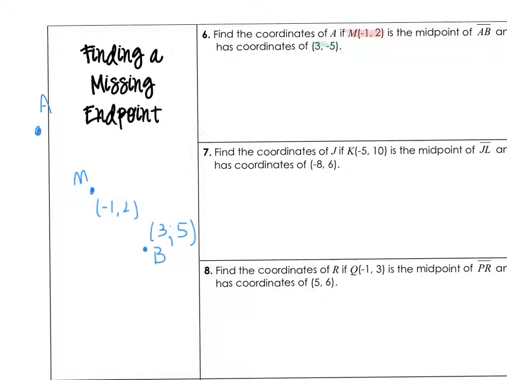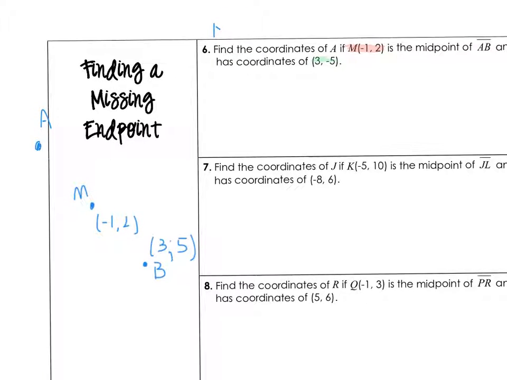So we're going to use the formula a little bit different. Remember that midpoint equals x1 plus x2 divided by 2, and y1 plus y2 divided by 2.